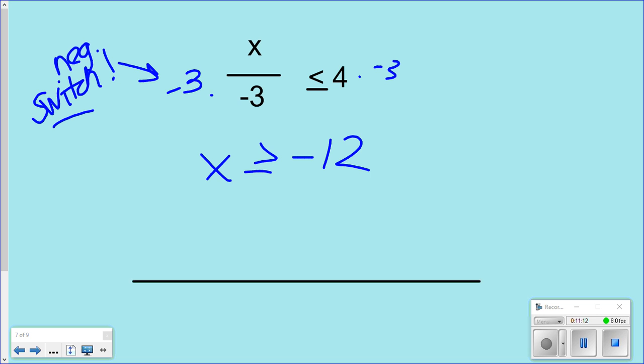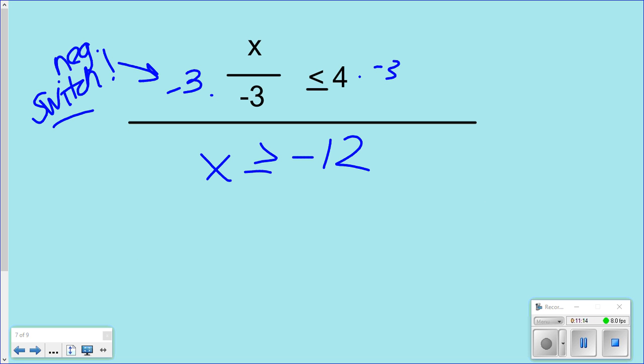Is this a time when you would switch? Yes. Is this a time when you would? Yes. Why? No, it doesn't matter if they're both negative. It matters what number has to be negative. This one does not matter. If this number is negative, then the sign has to switch. So yes, this would be a time.